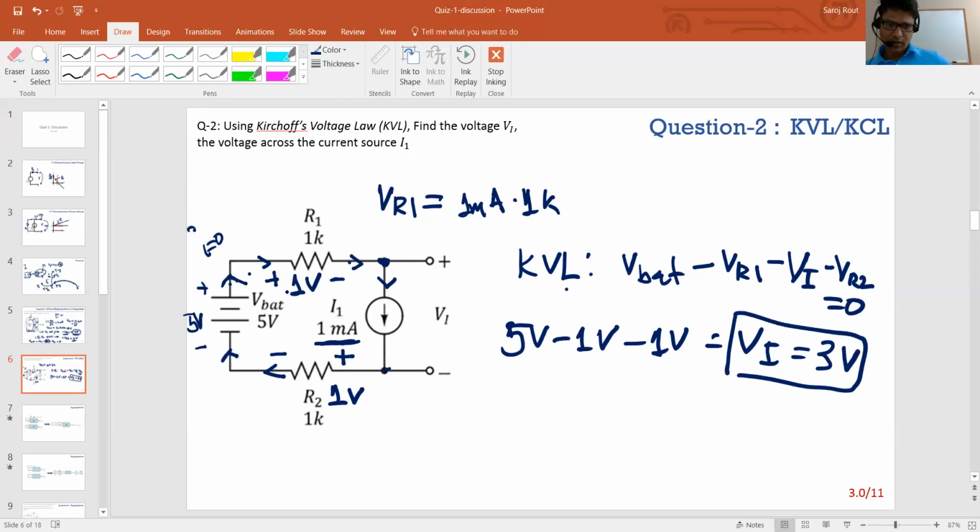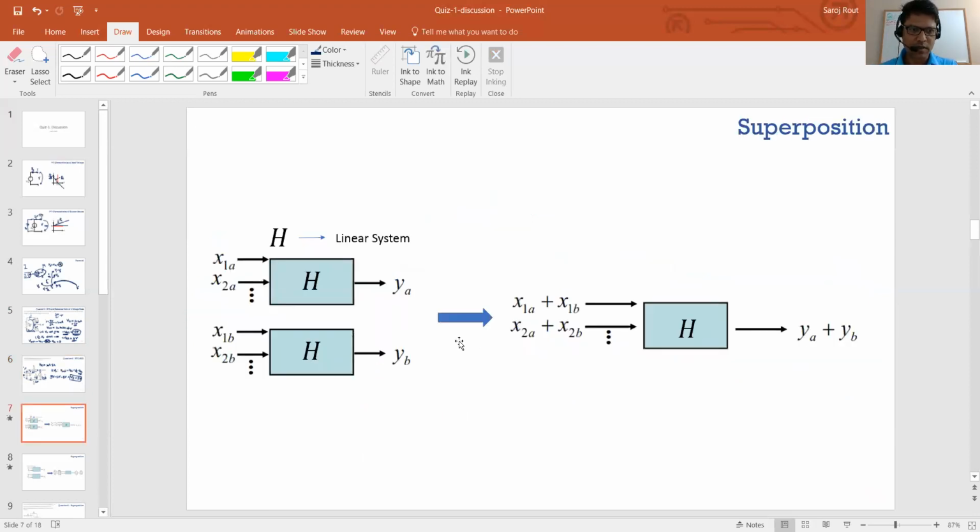And in a circuit like this, you should do this quickly by inspection, because once you know the current, you say, oh, this is 1 volt drop in the same direction as this, so this is nothing but 5 minus 2 here. Once you start doing a lot of circuits, you should be able to do this by inspection right away. Okay, so that's all I wanted to bring out in this question.